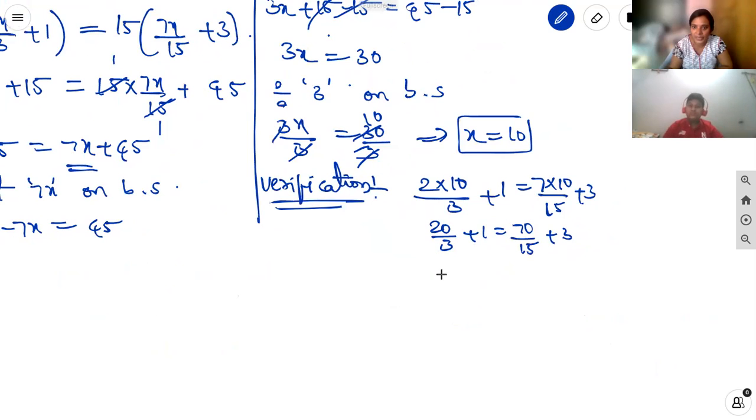Taking the LCM, (20 + 3)/3 = (70 + 3 fifteens are 45)/15.